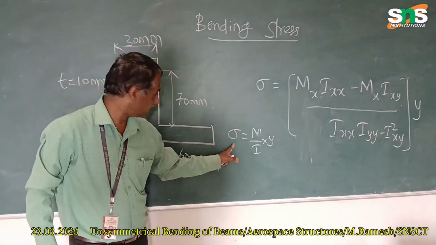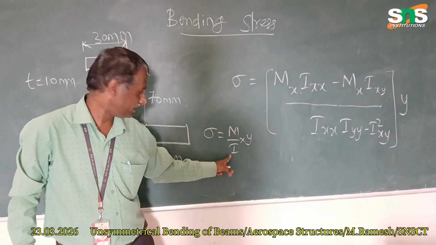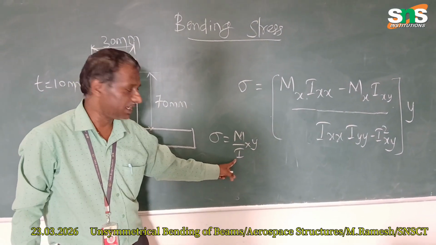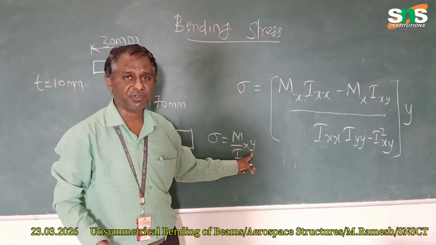Where sigma is the bending stress, M is the maximum bending moment, I is the moment of inertia, and y is the maximum distance from the neutral axis.